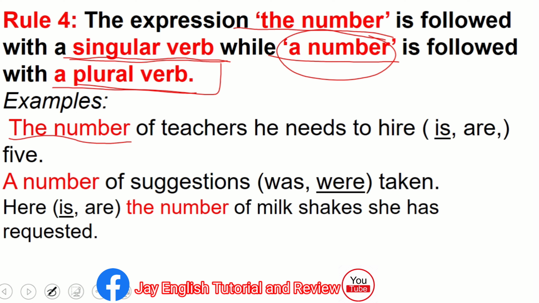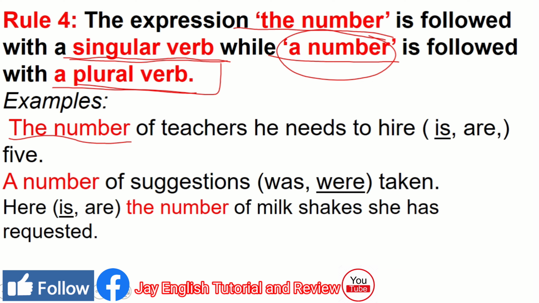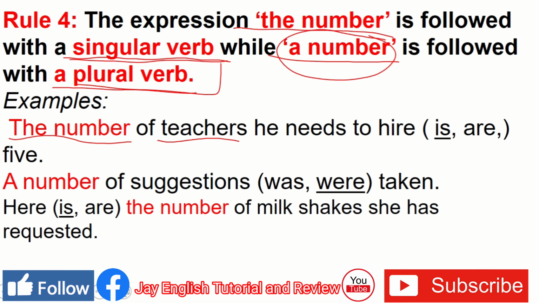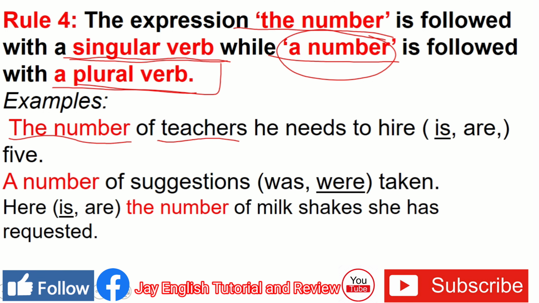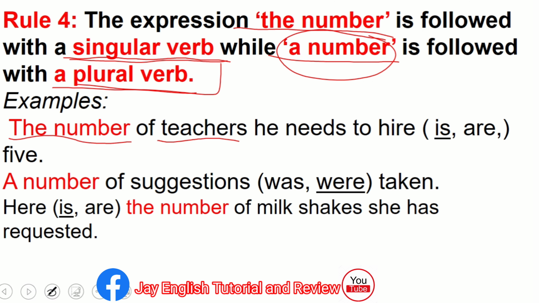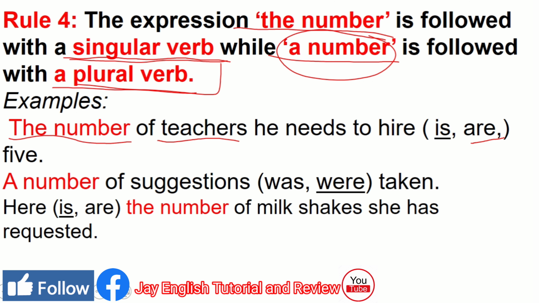This example is a little bit confusing too. Why? Because in the sentence we have the word teachers. If you are not that familiar with the rule, you might think you are going to use "are" as your verb because of the word teachers.